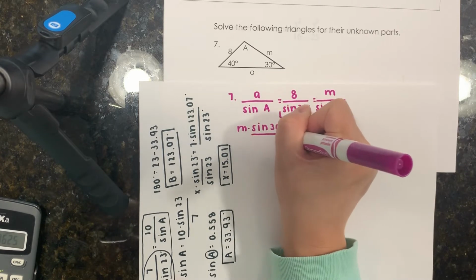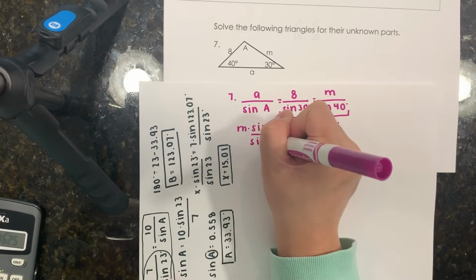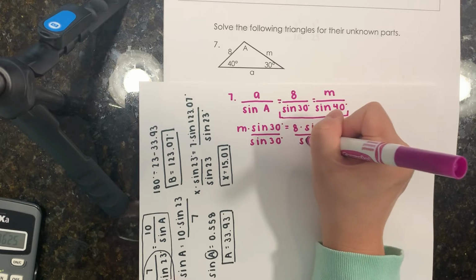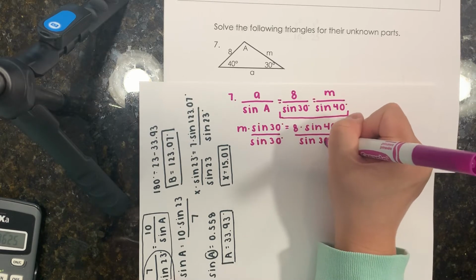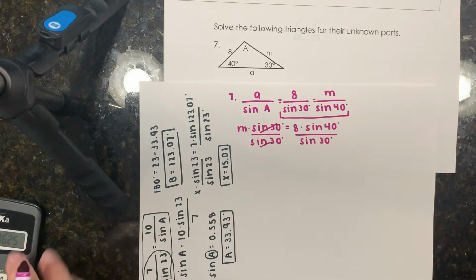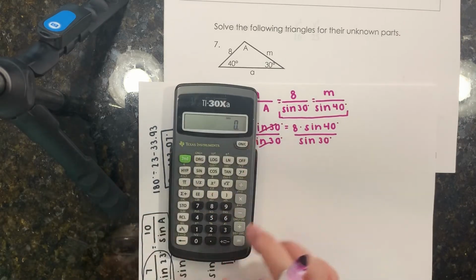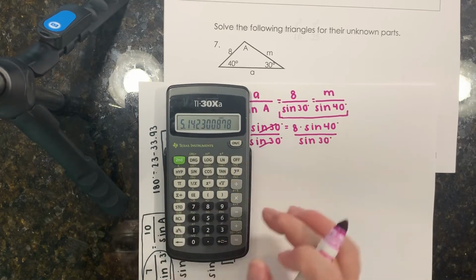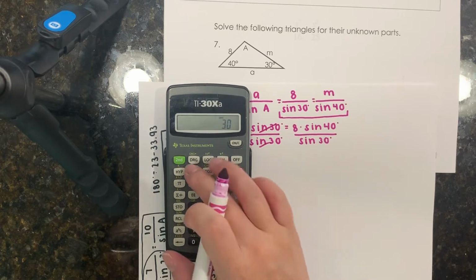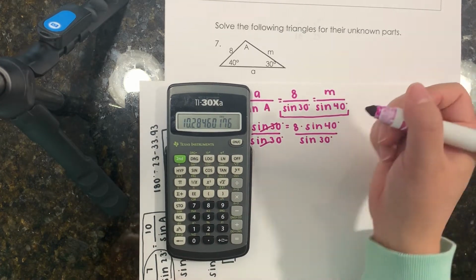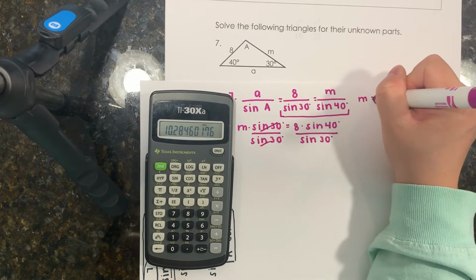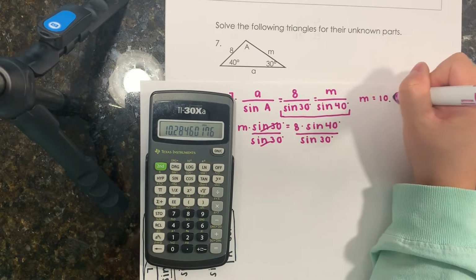Then you're going to divide both sides by sine of 30. So 8 times sine 40, divided by sine 30, and I get that m is equal to 10.28.